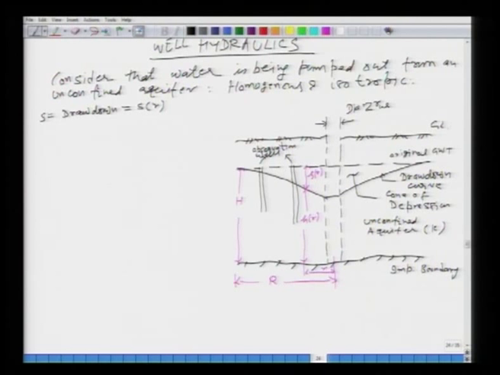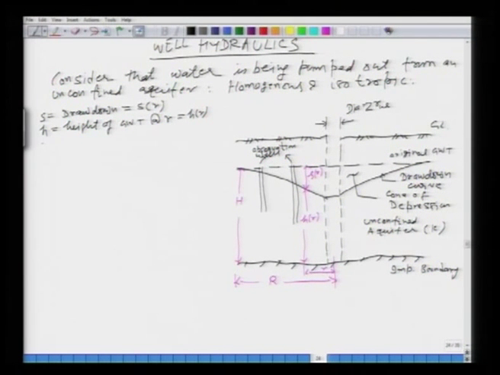As you go away from the pumping well, this drawdown will reduce. Similarly, H is defined as the height of the groundwater table at a distance r. So, this H is a function of r.